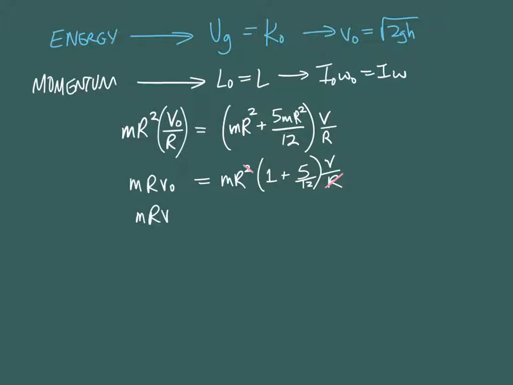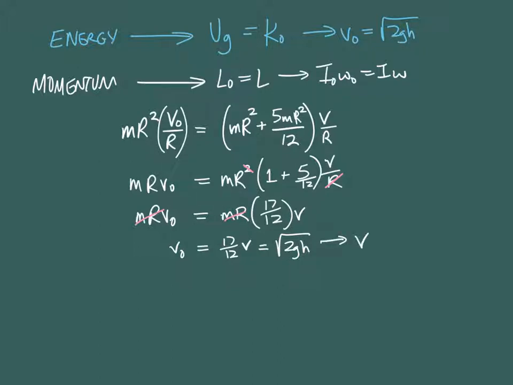So mr V naught equals, so the mr's drop and your initial speed is going to be 17/12 your final speed, which is supposed to equal root 2gh.